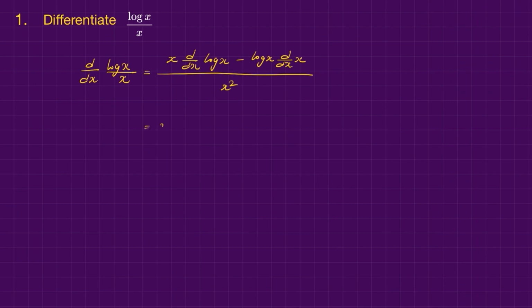So it will be x times d/dx of log x, which is 1 over x, minus log x times d/dx of x, which is 1, whole divided by x square. So it will be 1 minus log x over x square.